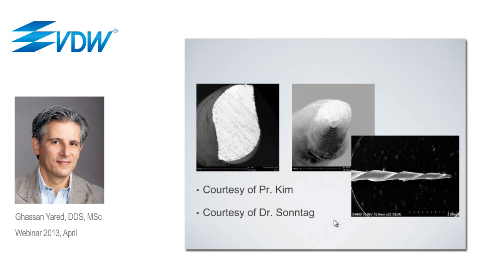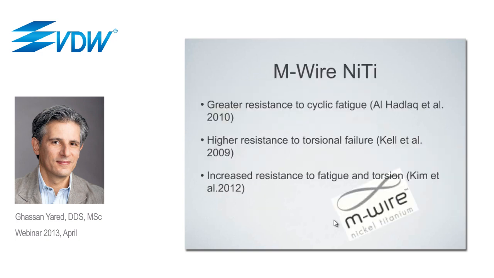Now, this slide shows the cross-section of the Reciproc instrument. For those who are familiar with the M2 instrument, the Reciproc instrument is very similar to the M2 instrument. There were some modifications that were made on the pitch of the instrument, on the number of flutes and the helical angle.